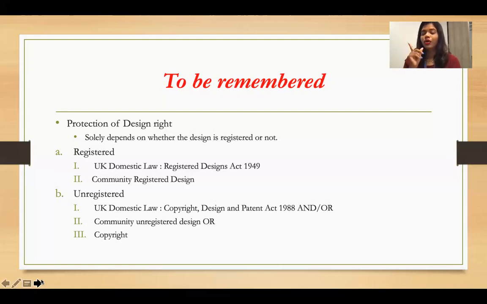Okay, so once you have established that, when you look at unregistered, always remember copyright first. Speak about copyright, whether it falls within a sculpture, artistic craftsmanship, and etc. Then you move on to speak about unregistered under part 3 of the CDPA.